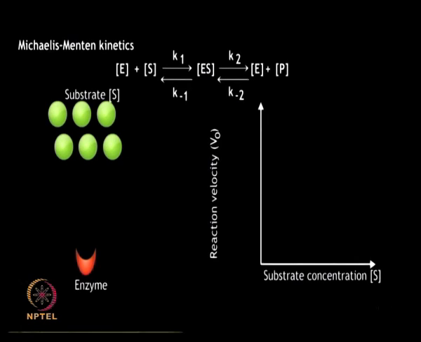The Michaelis-Menten model for enzyme kinetics assumes that the breakdown of ES complex to give back free substrate is negligible, and also assumes steady state conditions whereby the rate of formation and breakdown of enzyme substrate complex are equal.